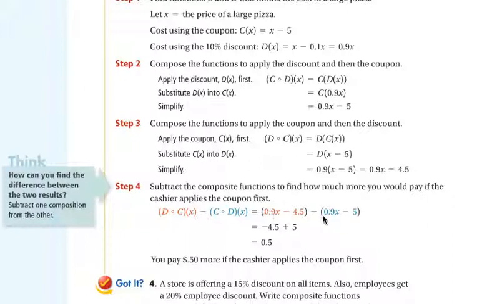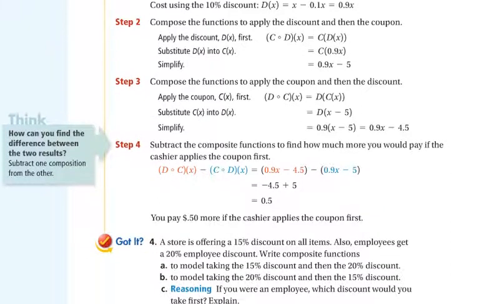You have 0.9x minus 0.9x, and negative 4.5 minus 5, which is rewritten as plus 5, and we find we have 0.5. So remember 0.5 indicates dollars, and you pay 50 cents more if the cashier applies the coupon first.